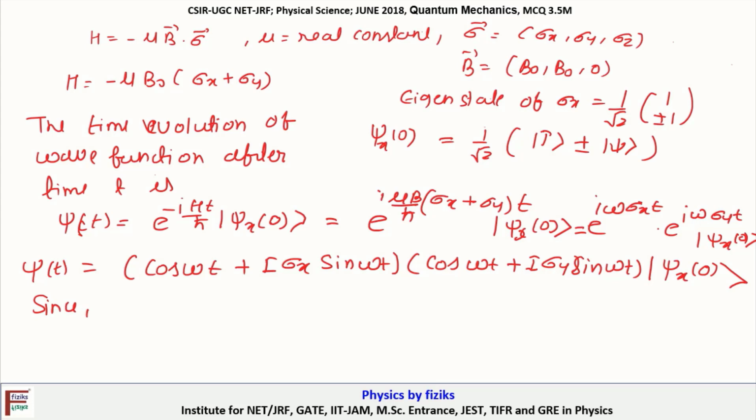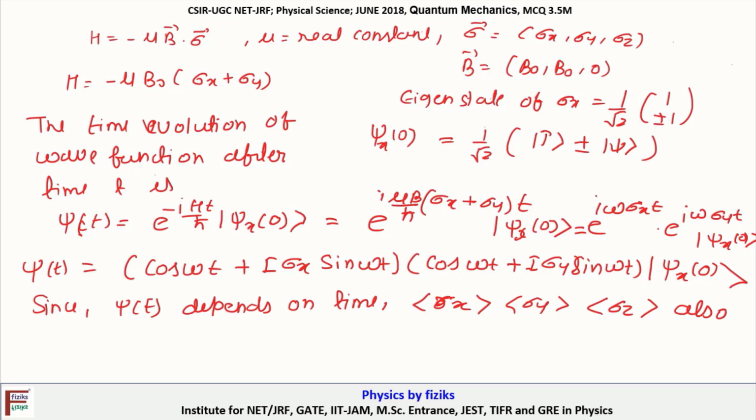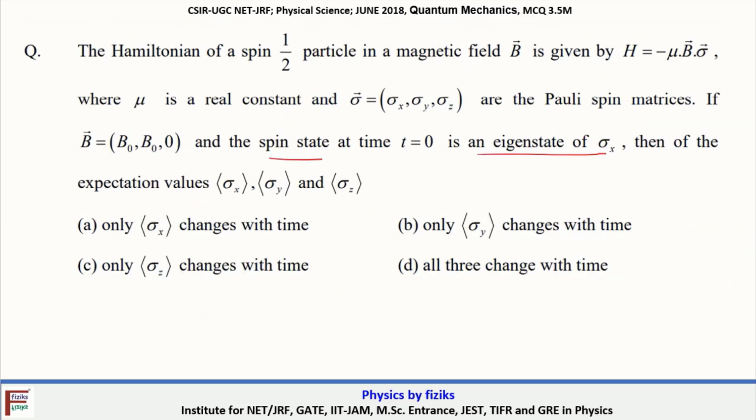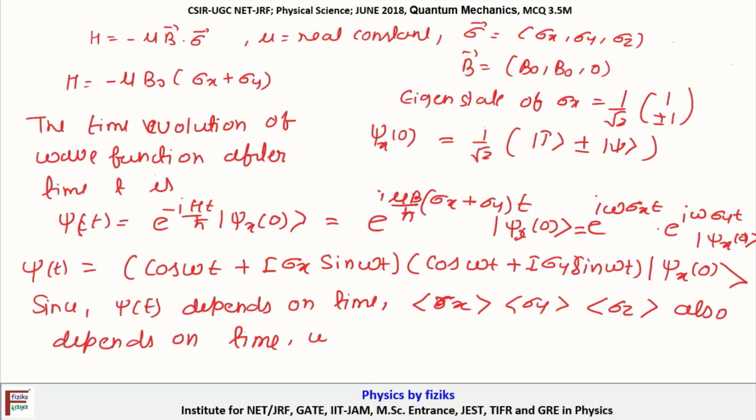Since psi of t depends on time, that means the expectation values of sigma x, sigma y and sigma z also depend on time, which means they change with time.